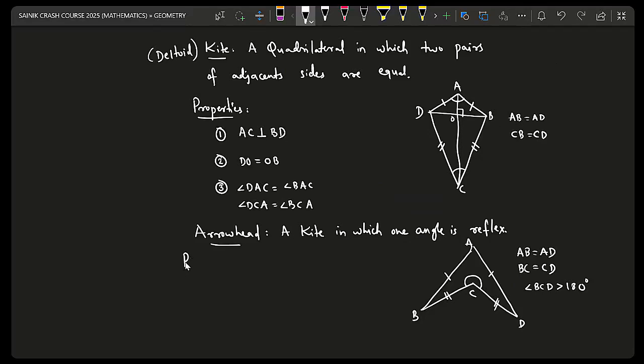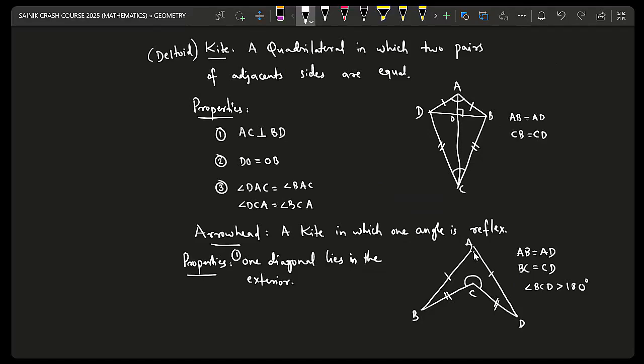So what properties does it have? Because every arrowhead is a kite, it satisfies all the properties of kite, and moreover, we can say one diagonal lies in the exterior. Till now, in whatever quadrilaterals we discussed, all the diagonals lie in the interior, but here one diagonal is lying in the exterior.